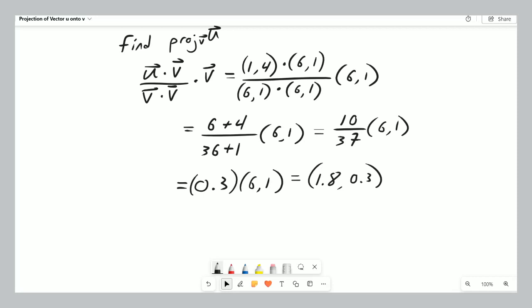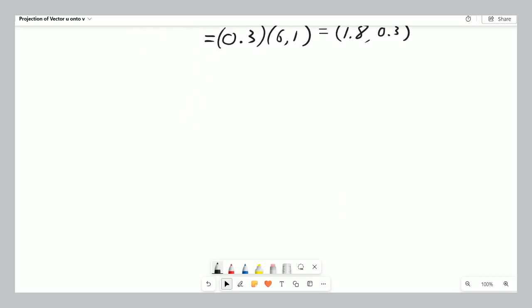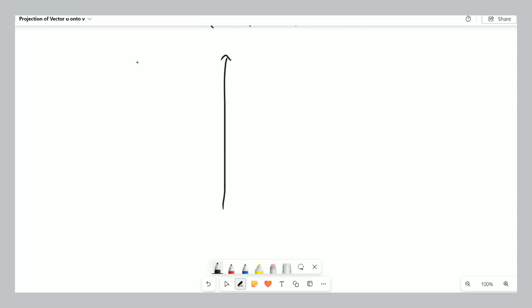Now, let's graph it. So, there's our axis. 1, 2, 3, 4, 5, 6. 1, 2, 3, 4, 5, 6. Right? 2, 4, 6. 2, 4, 6.